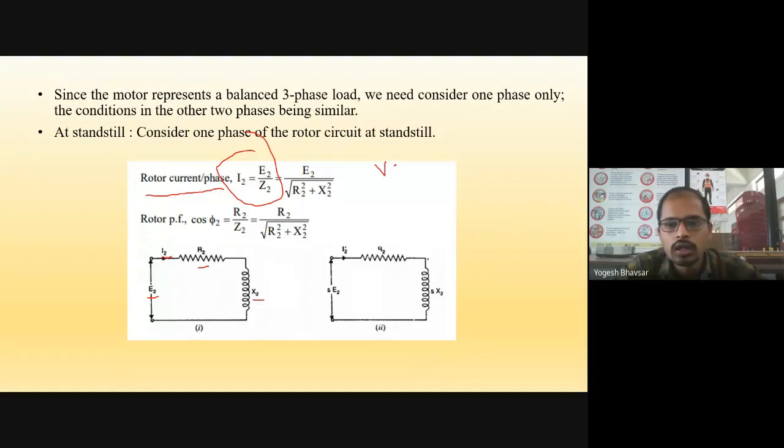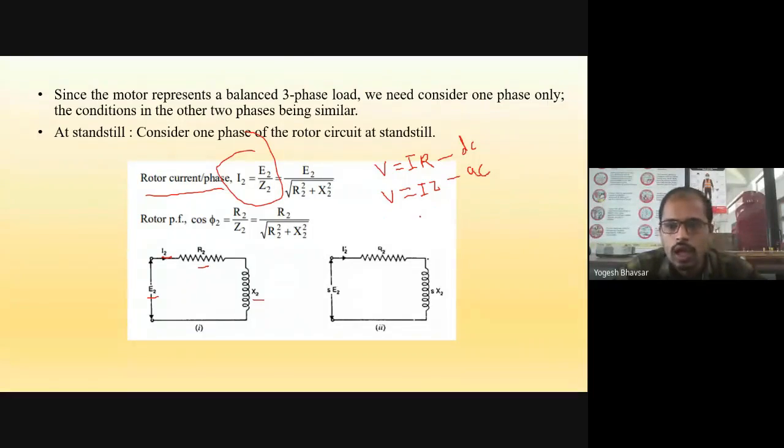Ohm's law for a DC circuit is V equals IR, and V equals IZ for an AC circuit. Instead of resistance, we consider impedance in the case of AC circuits.